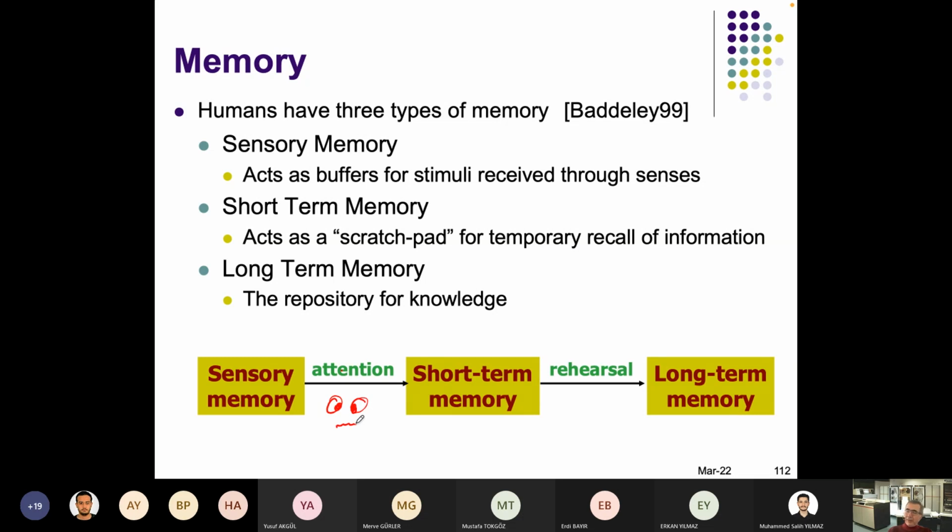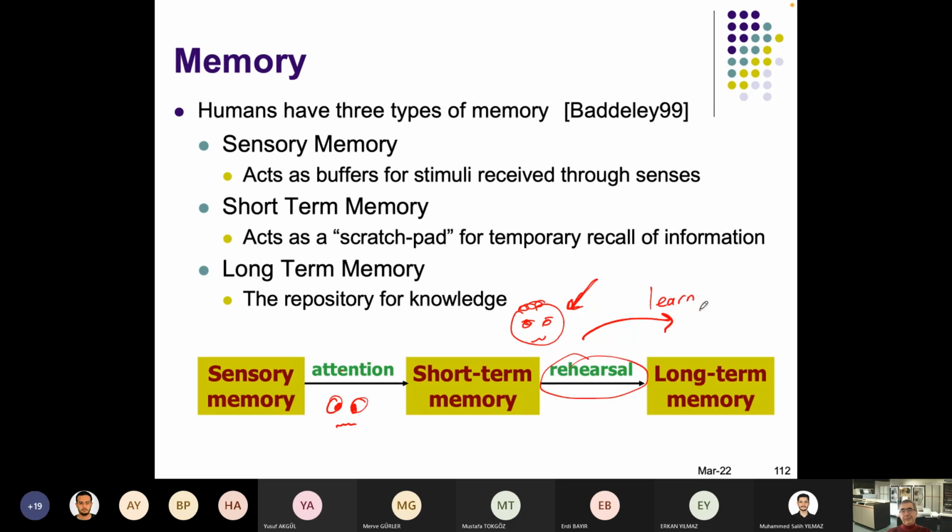If you pay attention, then you take that in your brain as short-term memory. Through rehearsal, if you repeat, if you concentrate, if you focus enough, then it is transferred to long-term memory. So that is actually what we say learning.